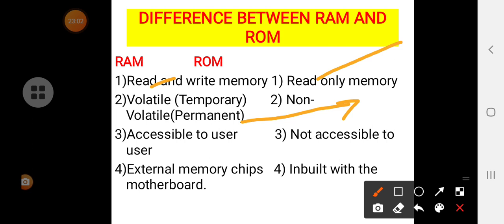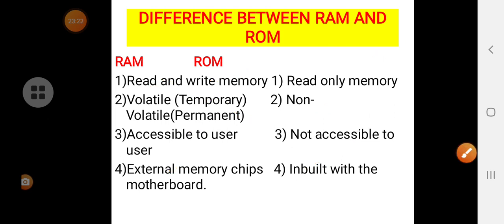But in RAM, the data gets erased. Next, RAM is accessible to the user, but ROM is not accessible to the user. Then RAM is external memory chips on the motherboard, but ROM is inbuilt with the motherboard. So this you have to remember.